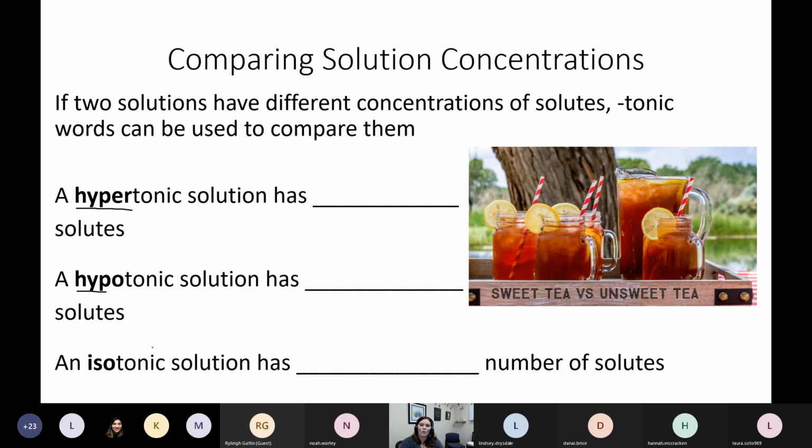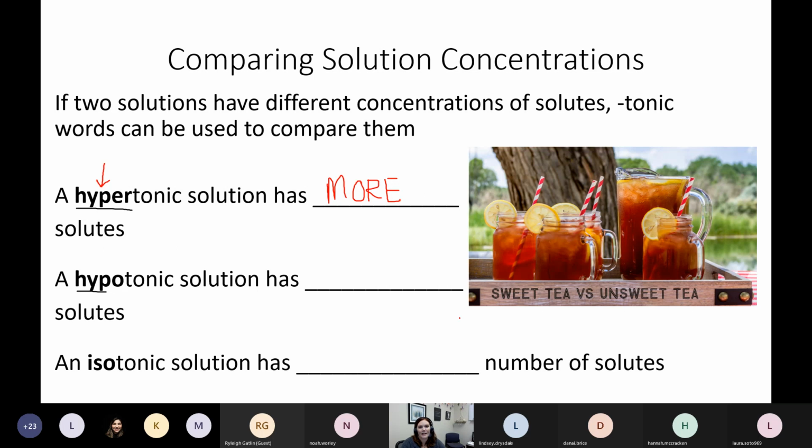So if I have one solution that I would say is hypertonic to the other, a hypertonic solution has more solutes in it, or it has more dissolved things than the other solution. So when we were looking at our cell on the previous page, we would say that sodium, Na+, that's an example of a solute, something that's floating around in liquid.